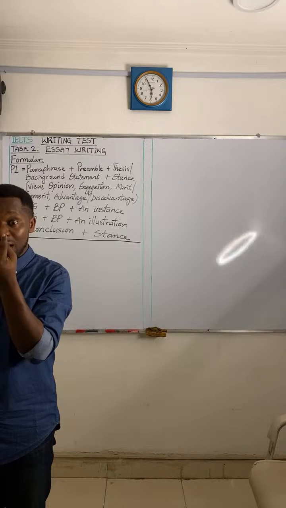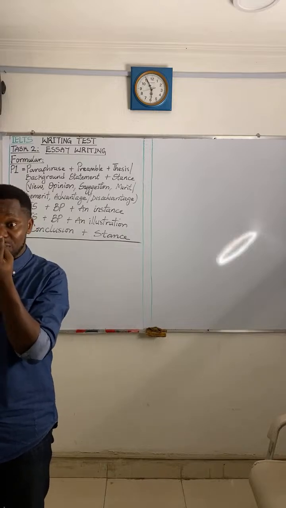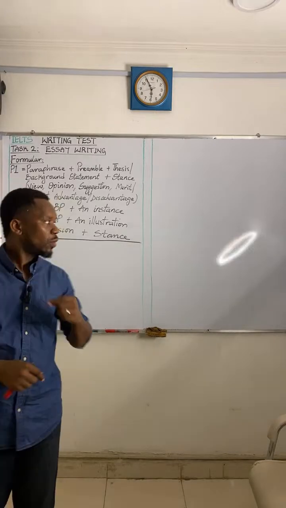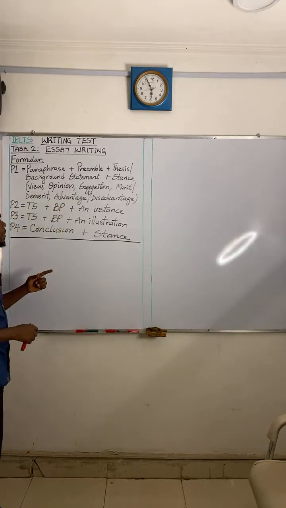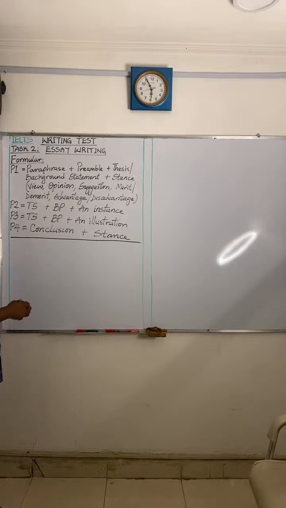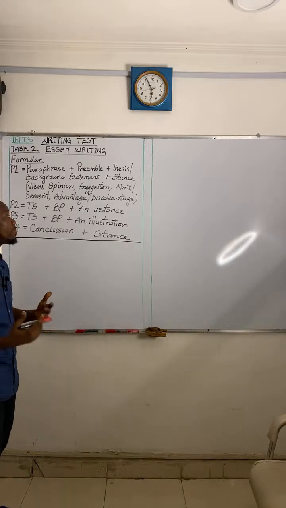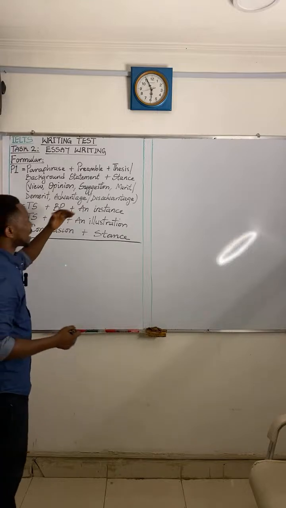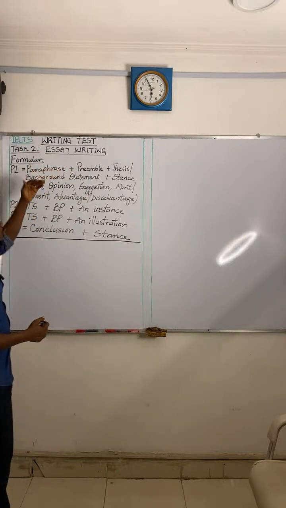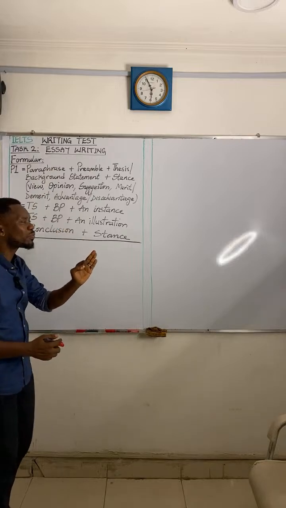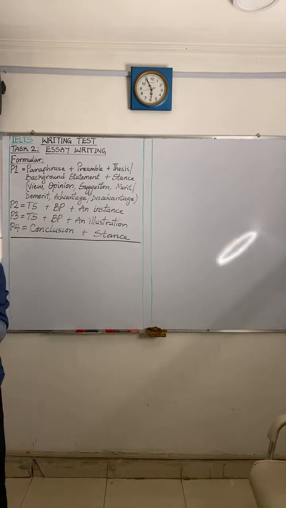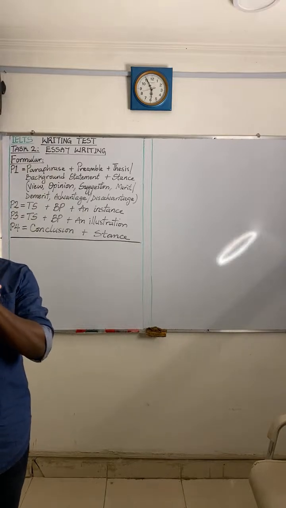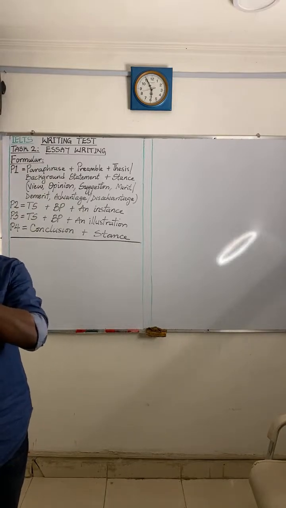So it is either you agree completely or you agree partially. But the fact is, you must agree. Right? So if you want to agree completely, your thesis or background statement should emphasize that in this essay, I would be writing to completely or totally agree. If it is partial, you establish that in this essay, I will be writing to agree with the issue raised above to an extent. That means you would agree and disagree.